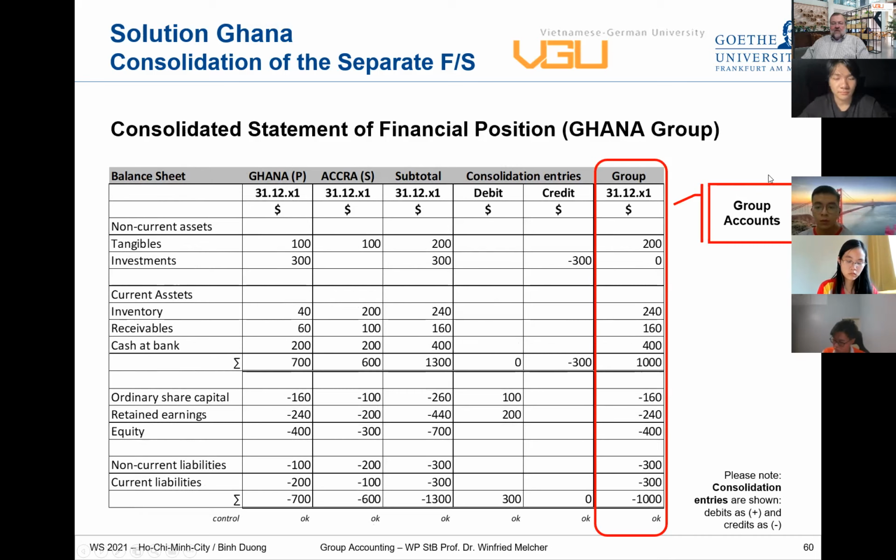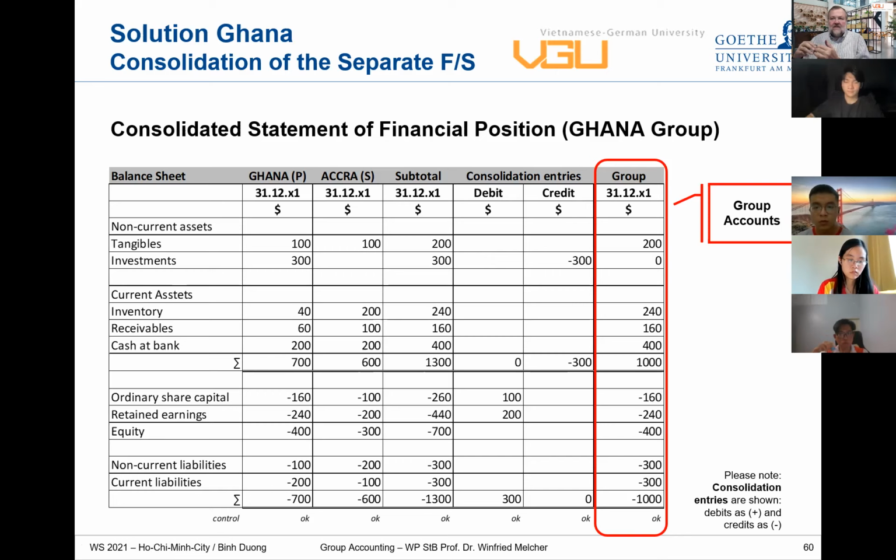Okay, so here we have the group accounts, and that is the process of consolidation. What you do is you just put the parents and all the subsidiary accounts side by side. So if you have 100 subsidiaries, this table will get rather long. But in theory, we just stick to a few companies to make the process easier to understand.